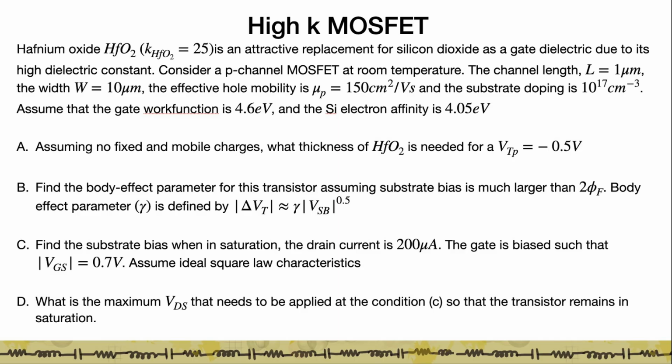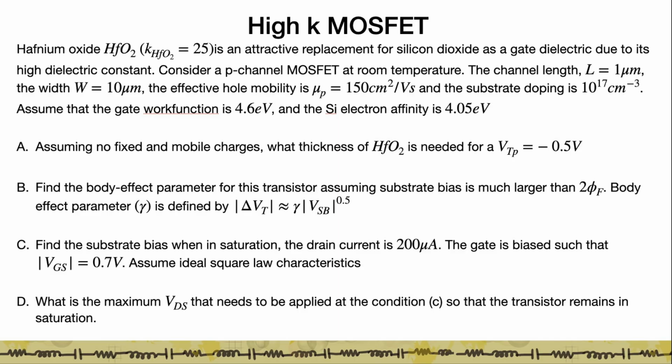A. Assuming no fixed and mobile charges, what thickness of HfO2 is required to get a VTP of minus half a volt? B. Find the body effect parameter for this transistor, assuming the substrate bias is much larger than 2 phi f. Body effect parameter gamma is defined by delta Vt equal to gamma times square root of VSB.